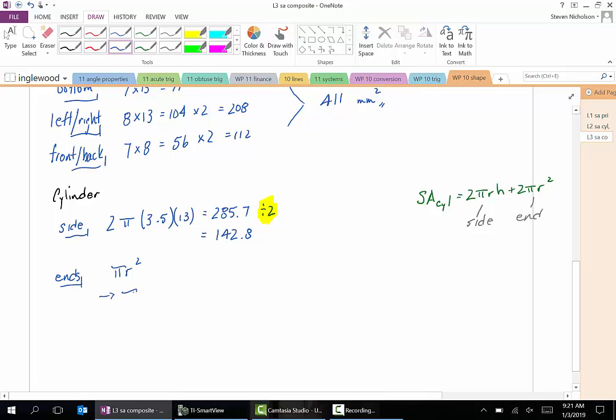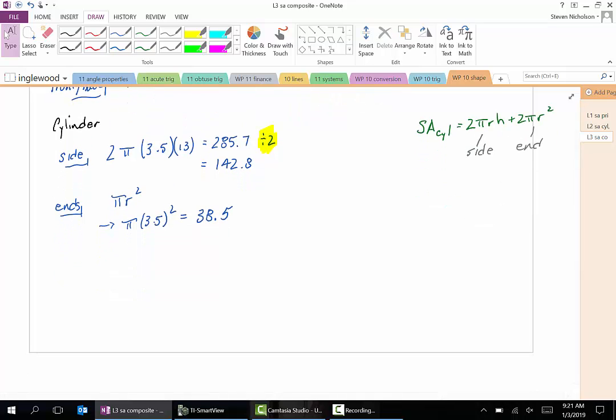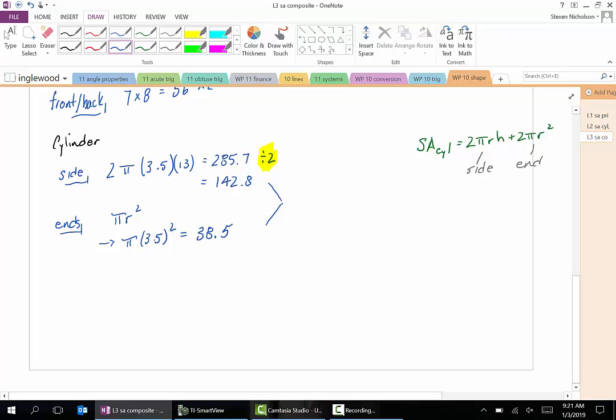So then the end becomes pi times 3.5 squared, and that equals 38.5 rounded. And then our total area would be 181.3 square millimeters.